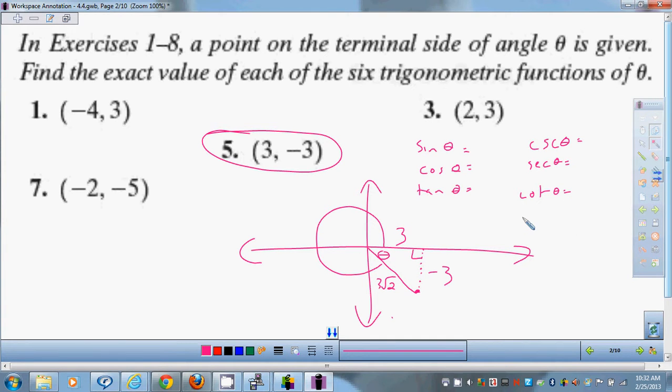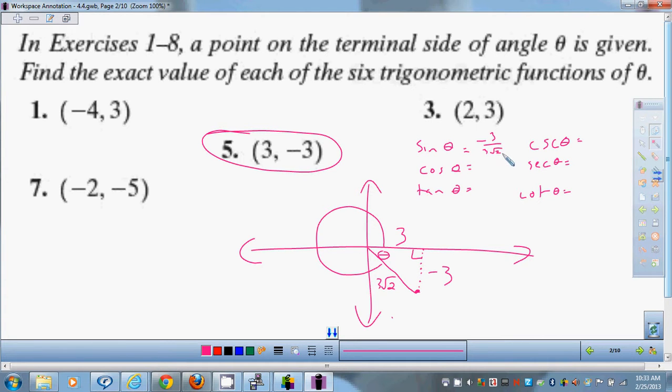Okay, here we go. Justin, what's sine of theta going to be? Negative 3 over 3 radical 2.